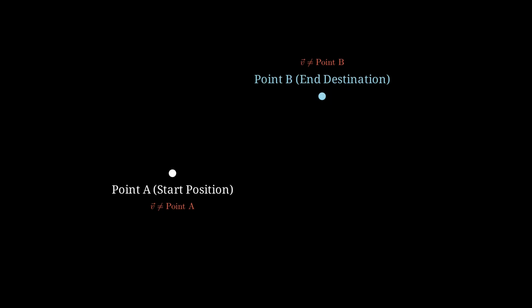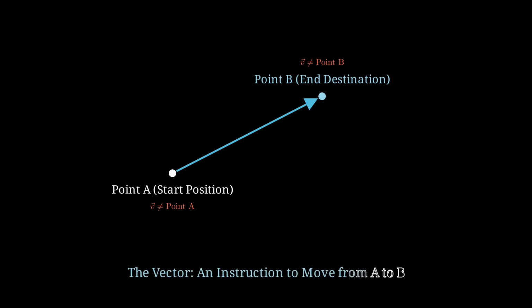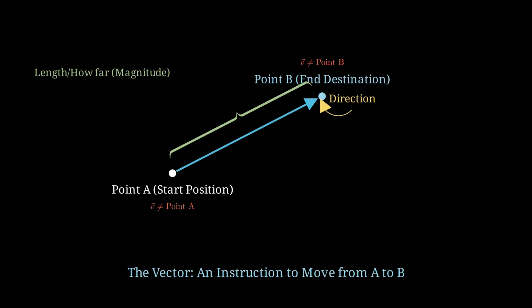A vector is the literal instruction required to displace you from point A to point B. Think of it as an active command. Translate through space exactly this far, pointing in precisely this direction. A vector is not an object. A vector is a move.